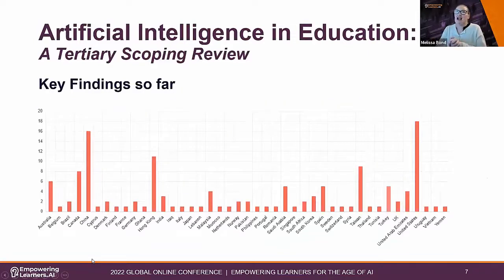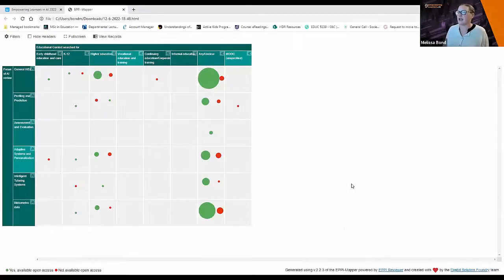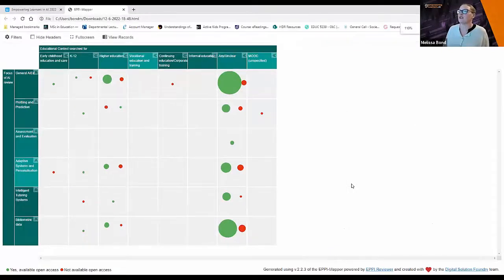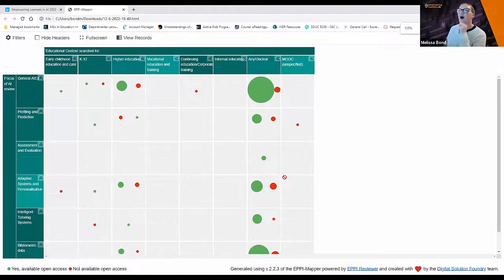The other thing I wanted to show you just briefly, if I share another screen, I'll just zoom in a little bit. This is one of the interactive evidence gap maps. Now it's not very pretty. It was only hastily put together, but this is a little bit of an idea about the kind of AI that we're looking at.